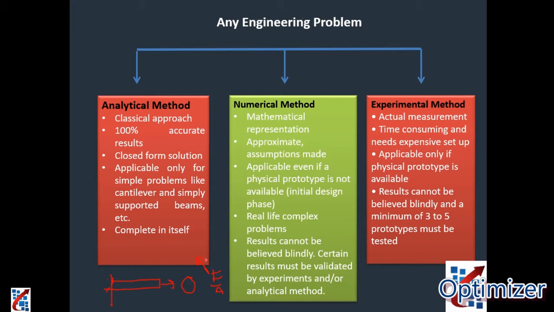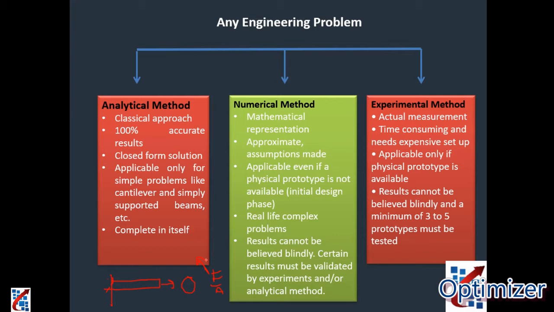Now next, the numerical method. In the numerical method, this is a mathematical representation. All the CAE software are based upon the numerical method. So the background of all CAE software is this second method, the numerical method. Here you are going to get an approximate solution, not an accurate result. In the first method you get an accurate result, but in the numerical method you get an approximate result.